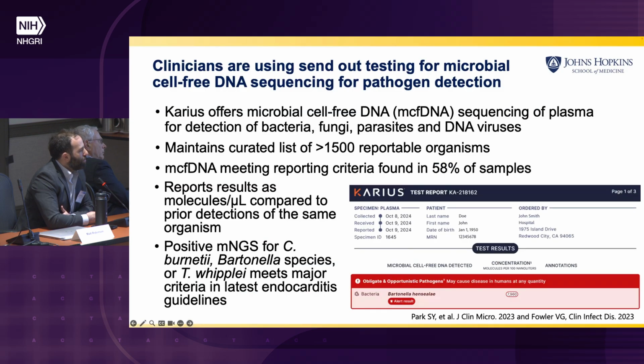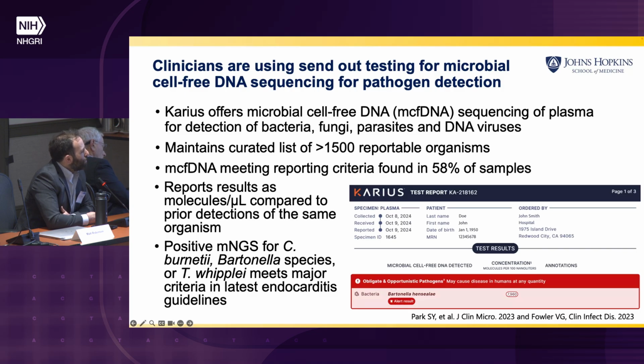Just shifting to blood, clinicians are now starting to use microbial cell-free DNA sequencing for pathogen detection. There's a company, Karius, that offers this test. They include more than 1,500 organisms. An early report of its practices showed that they found something in more than half of specimens.